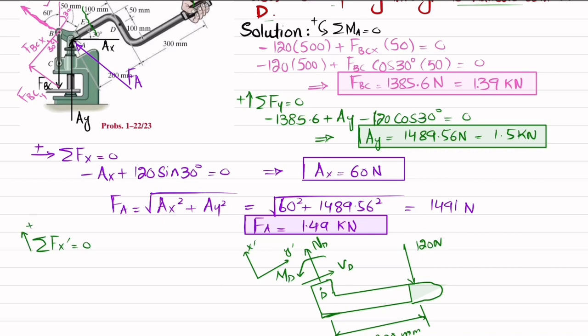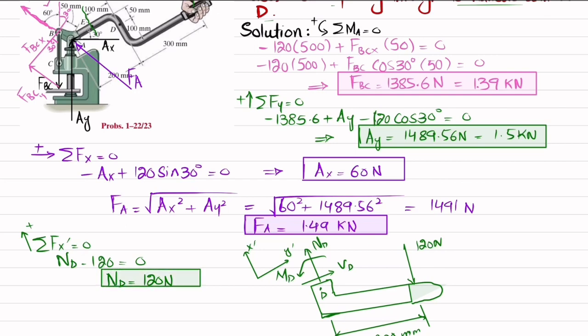So you can see one force is this one, which is ND, and the second force is this one, and their sum must be equal to 0. So I will write ND minus 120 is equal to 0. So ND will be equal to 120 Newton.